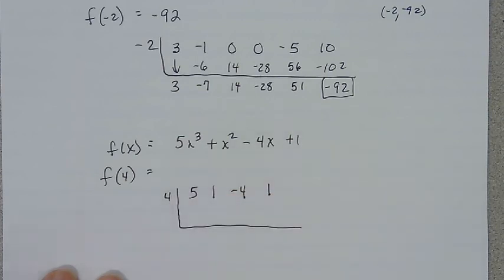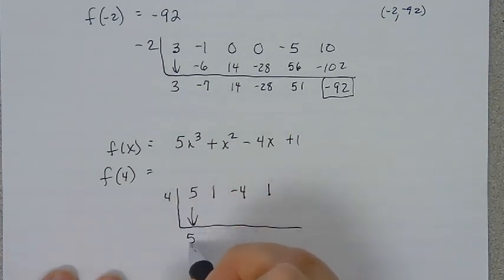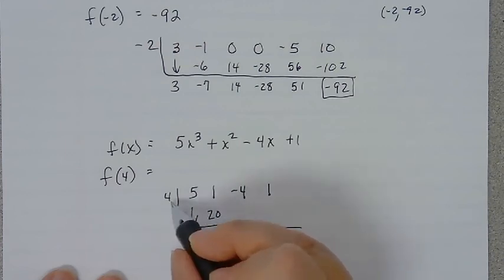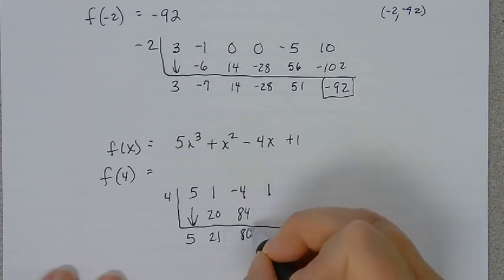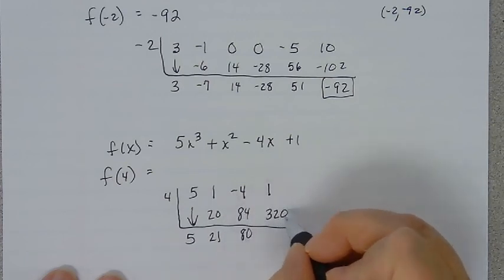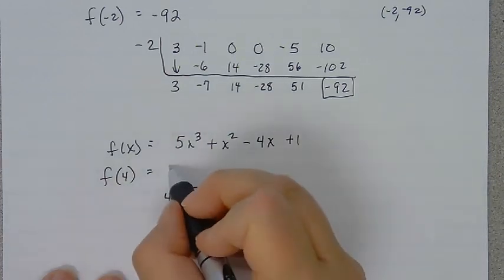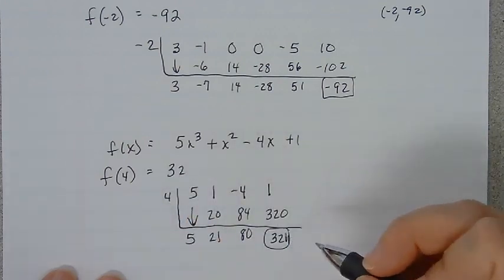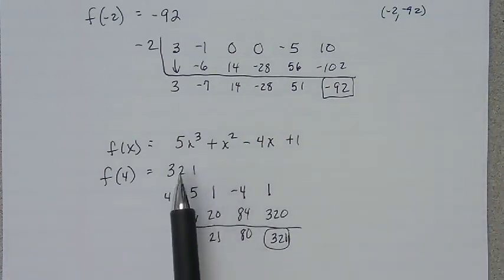And I'm going to put 4 in here. With synthetic substitution, you bring down the first number, you multiply, you add, you multiply, you add, and you multiply. So 321, the last number, is what you would get if you would put 4 in for x. I'd like for you to try it on your calculator, plug that in, and see if you don't get that particular number.